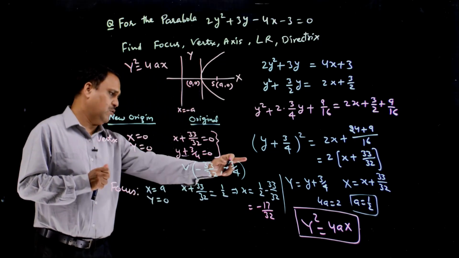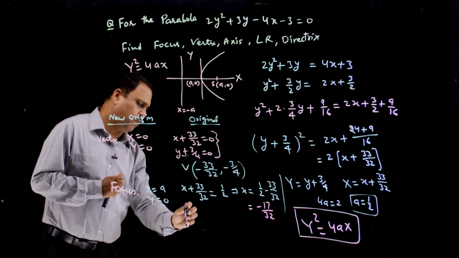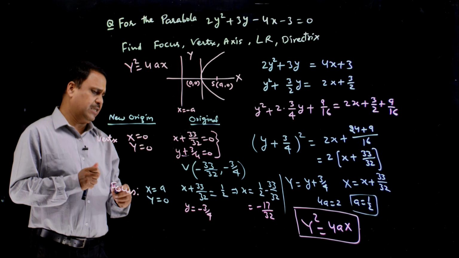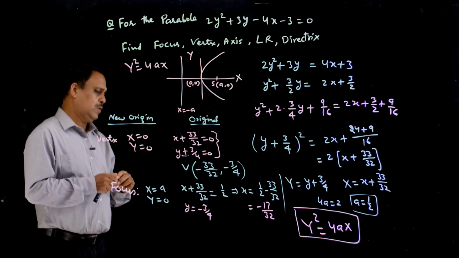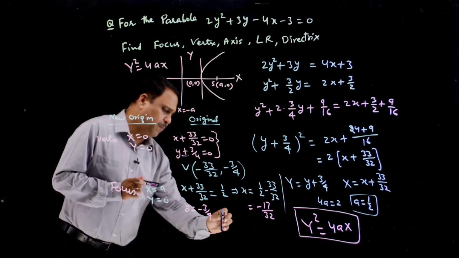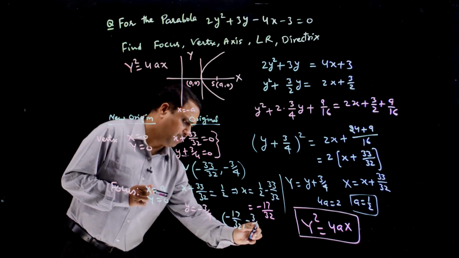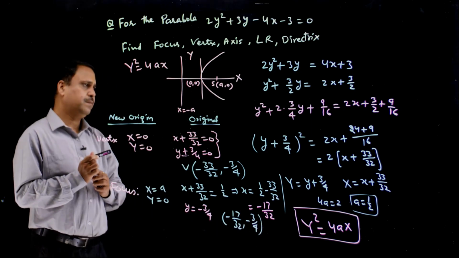And Y = 0, so y = −3/4. So my focus is (−17/32, −3/4). This is the focus.